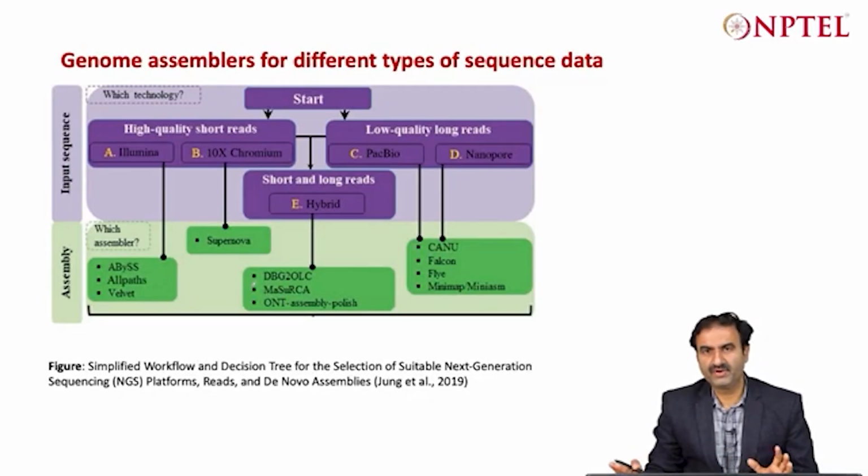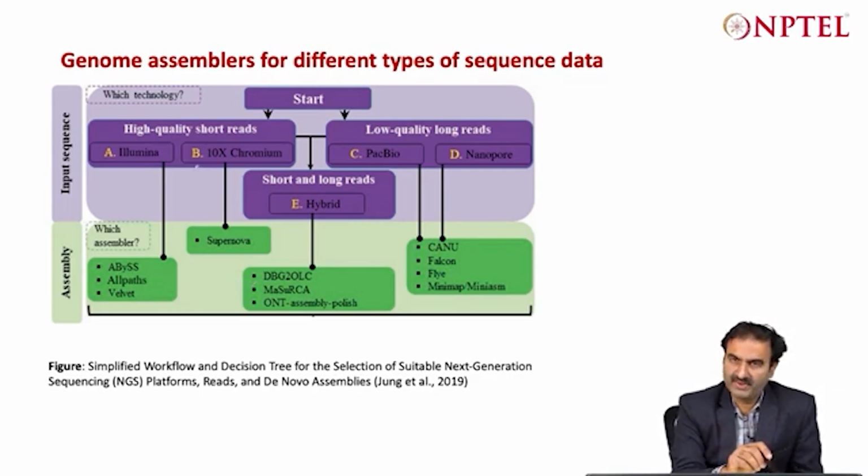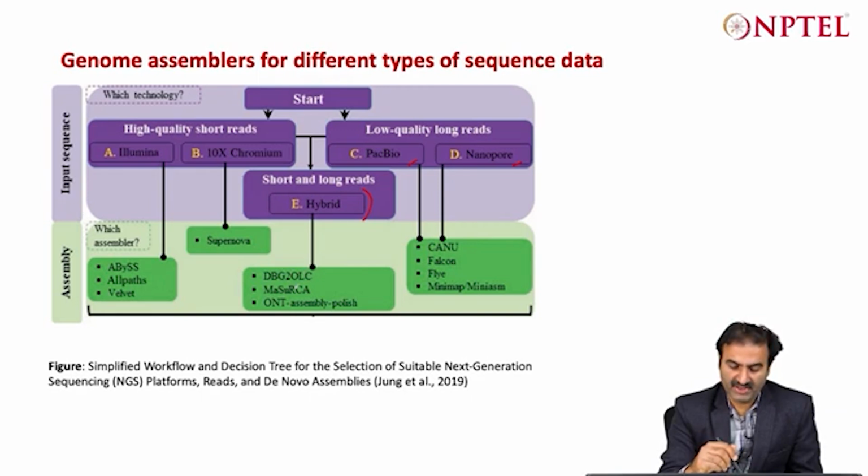Okay, so basically the overall schematic chart looks like this. You take a genome, do the sequencing, and produce short reads or long reads, with either of the instruments: Illumina or Chromium, that is linked reads, and the long reads by PacBio or Nanopore. And then long and short reads are used together as a hybrid, where either DBG to OLC, De Bruijn graph to overlap layout consensus, MaSuRCA or ONT assembly methods are there.